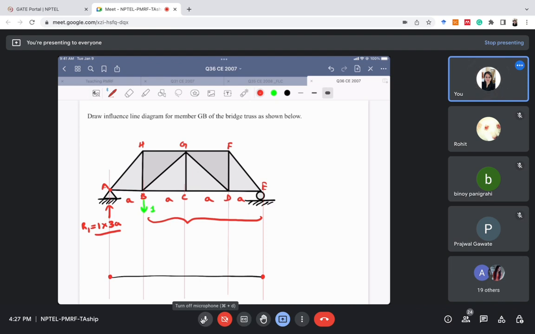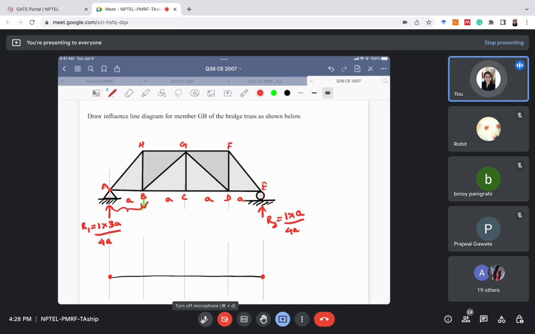The total length is 4A. Similarly, reaction R2 will be 1 multiplied by this length, A, divided by the entire length, which is 4A. So the reactions we have already calculated. The first step is completed.